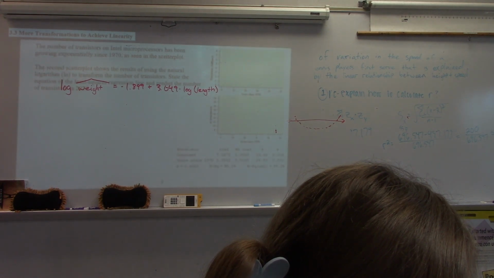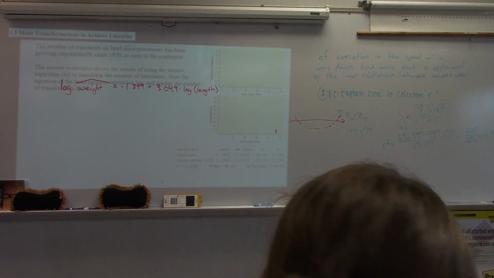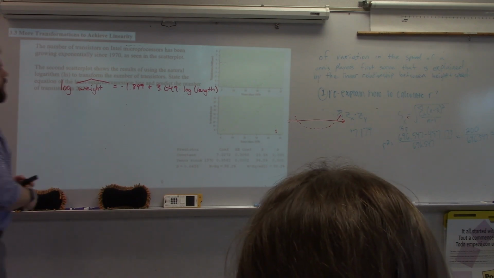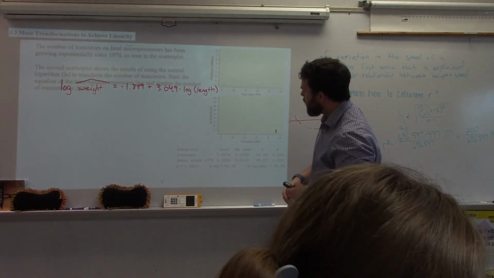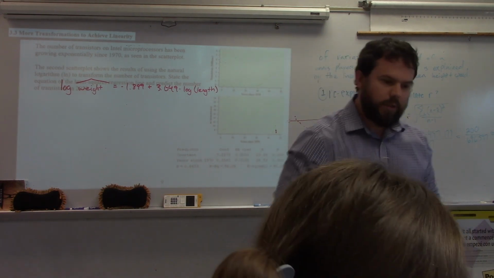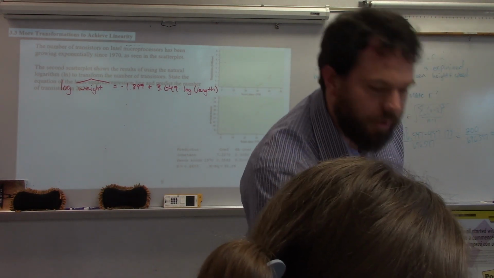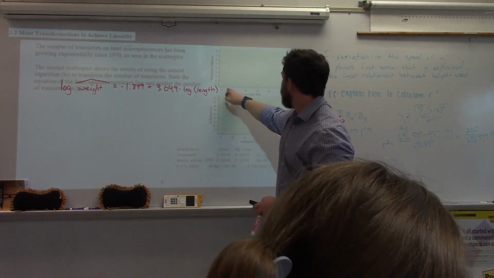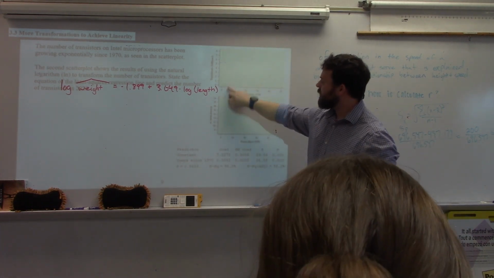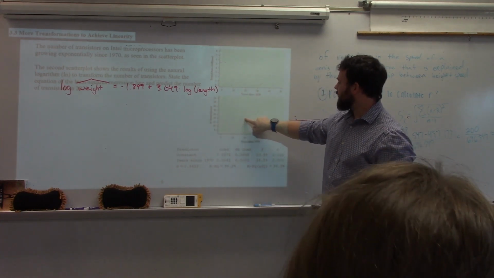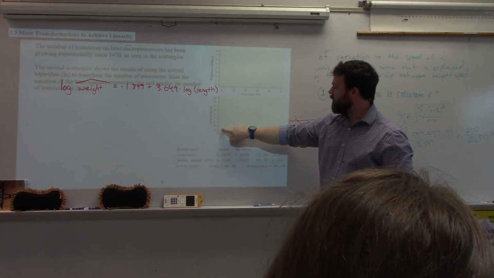So if you look at the last two here, the transformation that they did, what does it say? I can't read it on the slide, sorry. Okay, so we have this again that kind of looks exponential, right? And so they took the natural log here. Does that really look like a straight line?